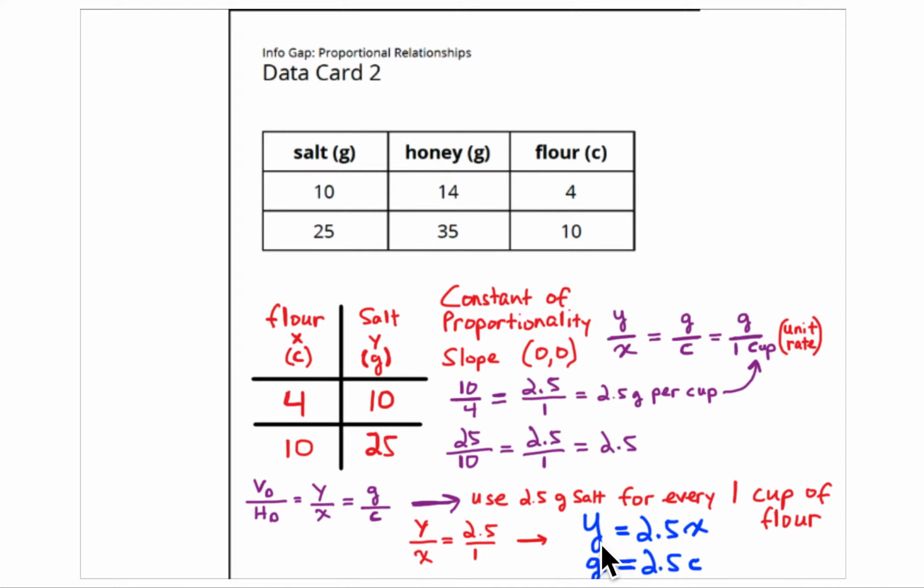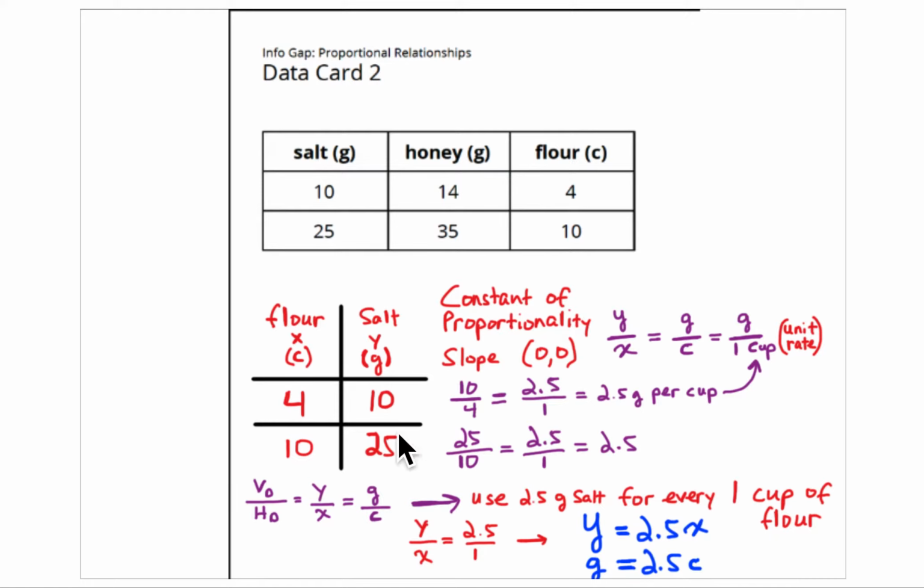And if you just write that as an equation, the value for y, or the number of units in the vertical direction, is 2.5 times the number of units in the horizontal direction, going back to that slope triangle. So once again, the number of units in the vertical direction, that's the number of grams, is 2.5 times the number of units in the horizontal direction, or the number of cups, 2.5 times the number of cups.